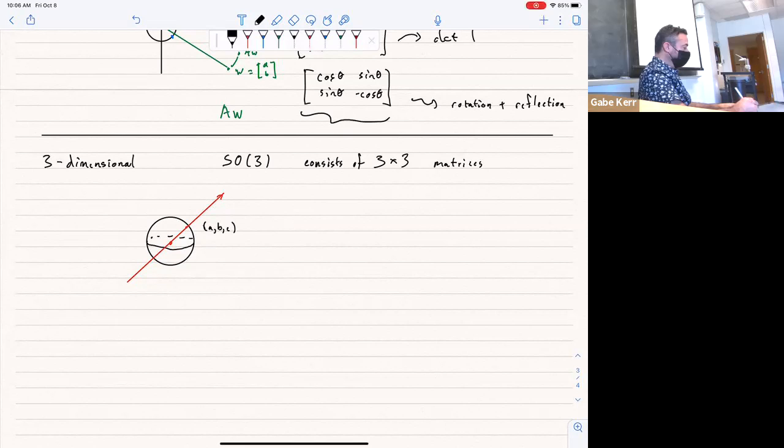This is a point on the sphere, so it has to satisfy the unit sphere, namely, this point has to satisfy a squared plus b squared plus c squared equals 1.